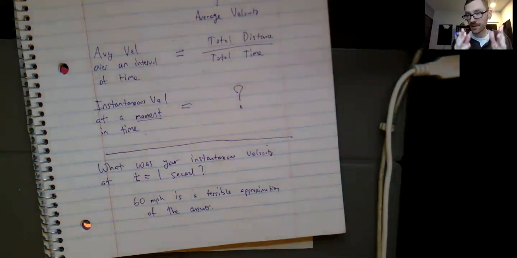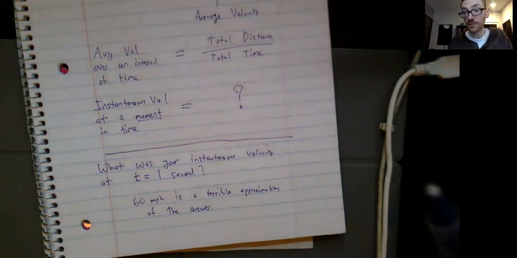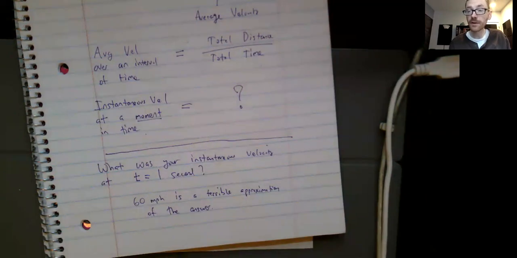And during that entire trip, yeah, you were in the parking lot for maybe a couple of minutes, but most of your time you probably spent on the highway, right? And so the average velocity is getting skewed very strongly by all that time that you spent on the highway going very fast.